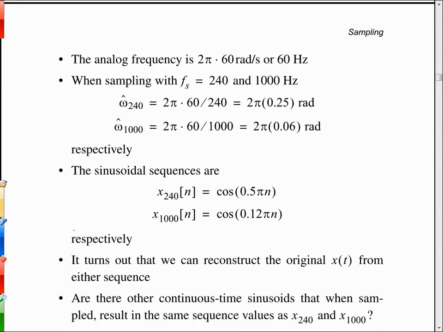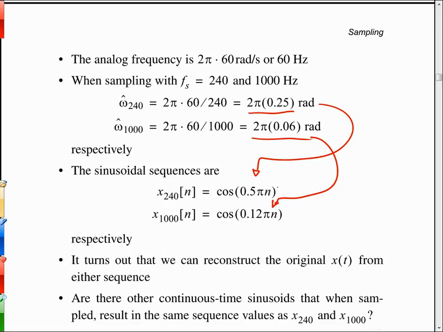So if we go through and just calculate out what are the normalized digital frequencies in terms of omega hat, when dividing by the sampling frequencies, we get 2 pi times 0.25 and 0.06 times 2 pi. So if we were then to convert those to sequences, we'd just be plugging those values in as arguments.